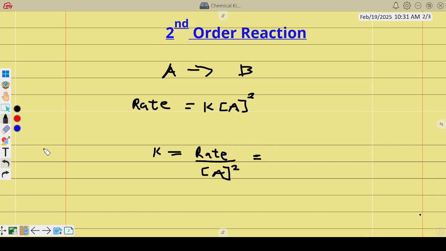So what are the units for the rate? You know that for rate, the units are molar per second. That's the rate. And then for the concentration, the units are molar.